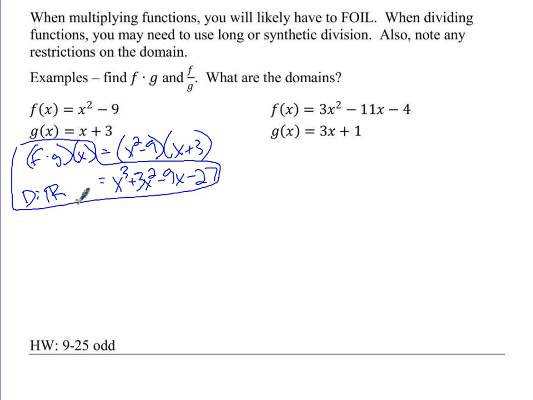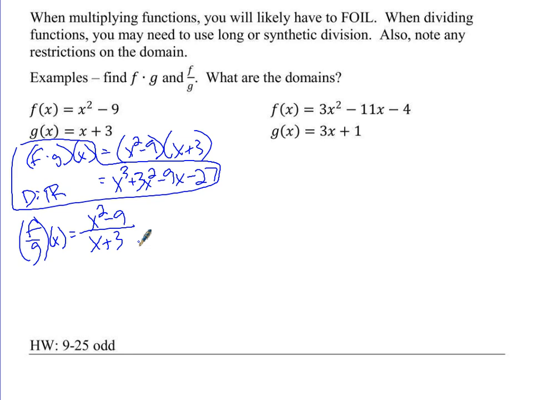Now we need to do f divided by g. So I write down f divided by g of x equals. F is the numerator, so x squared minus 9, divided by g is the denominator, so x plus 3. Now we just came through a chapter that taught us how to do this.